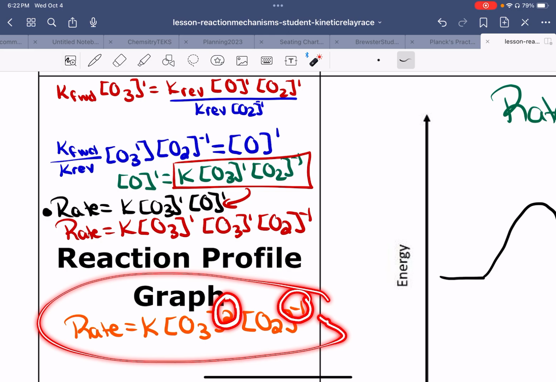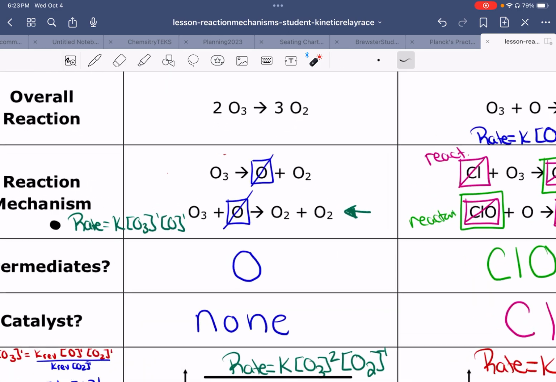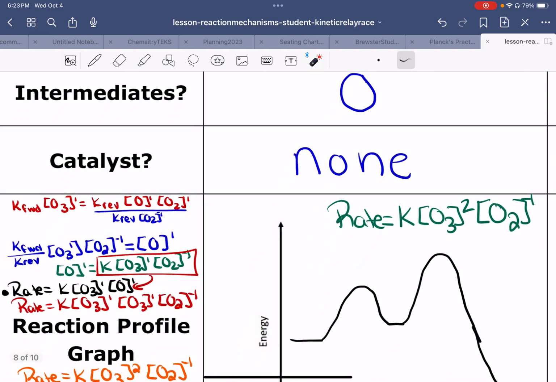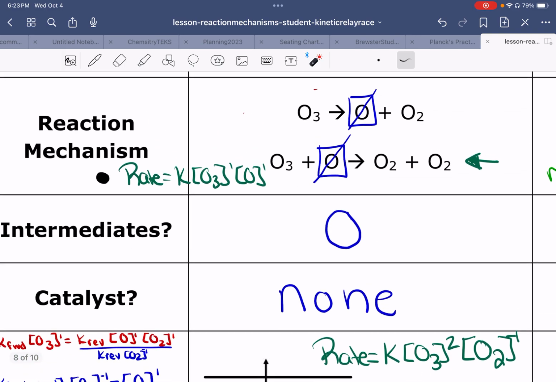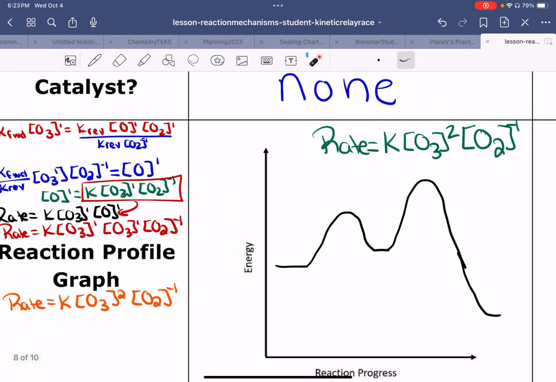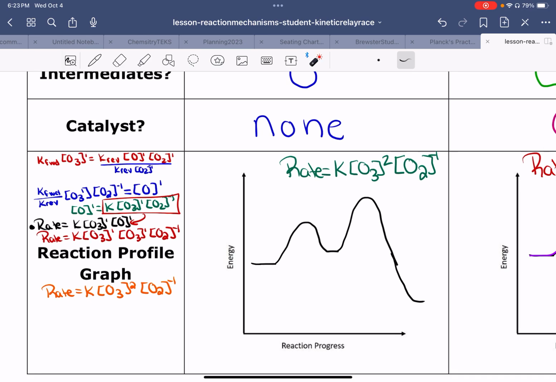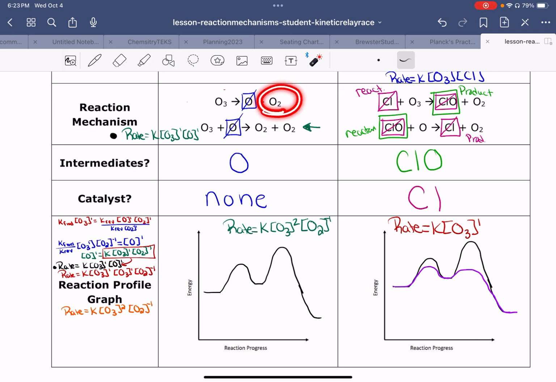Based on the experimental data, which step is the slow step? The second step. The second step is your slow step, and that has to do with the O2 having a negative 1. This is going to hinder it. That makes this your slow step. So based on your answer, we want to draw out what we have for our model. Since that O2 is going to hinder the second step, this hump has to be larger than my first hump.